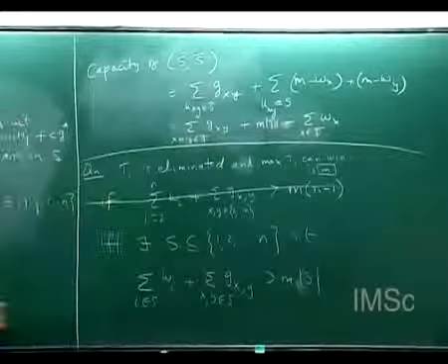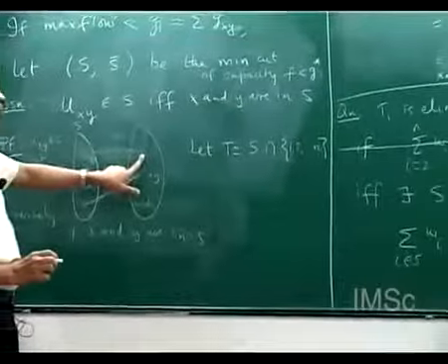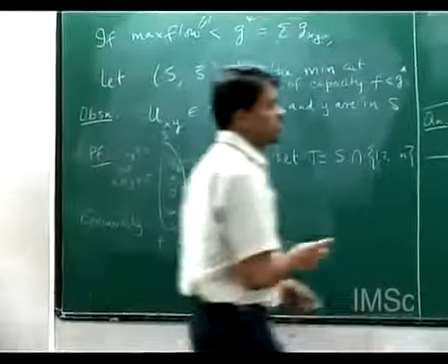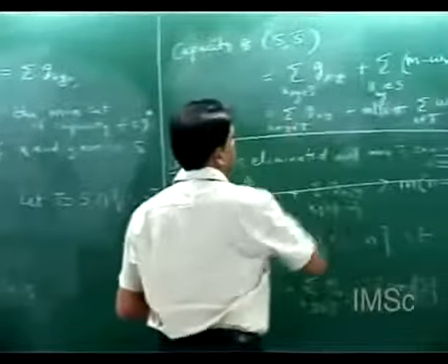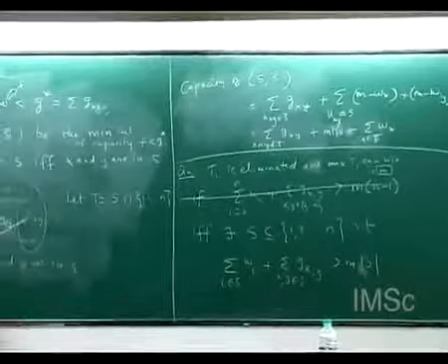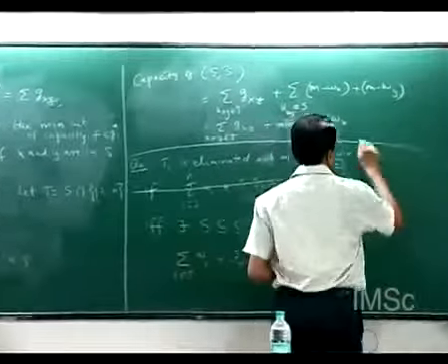So, if uxy is here it means that you cannot have both in S. So, one of them is not in S. Okay. So, I should write x or y is not in T. Yeah. So that is what I have. So, let me complete it.